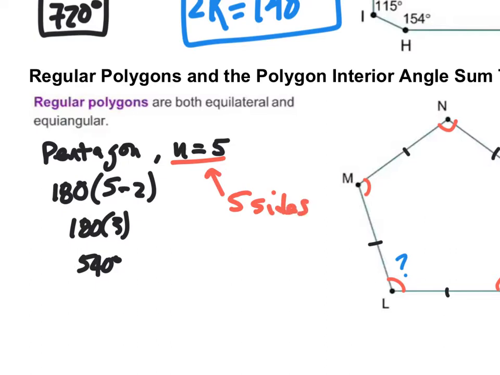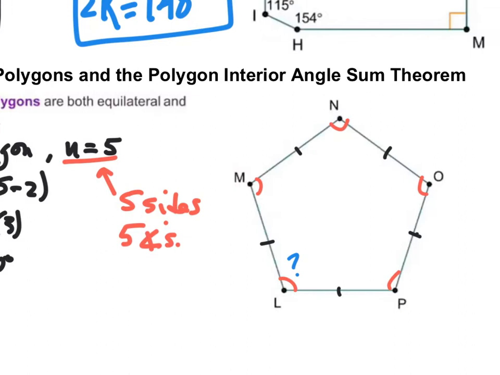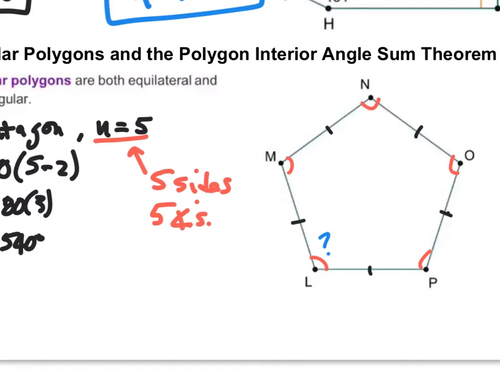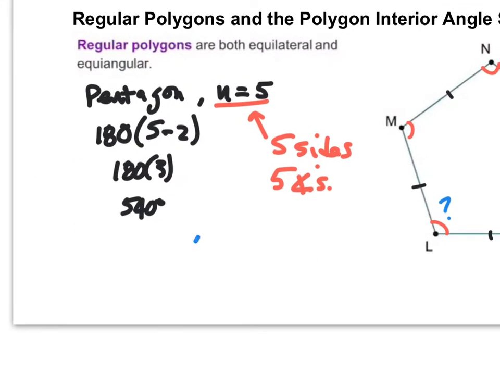I have 5 sides, which means that I also have 5 angles. And if all my angles are congruent, to figure out what one of them is, if I know I have a regular polygon here, I'm going to take 540 and divide that number by 5. If I take 540 and divide it by 5, that's going to give me a measure of 108 degrees.